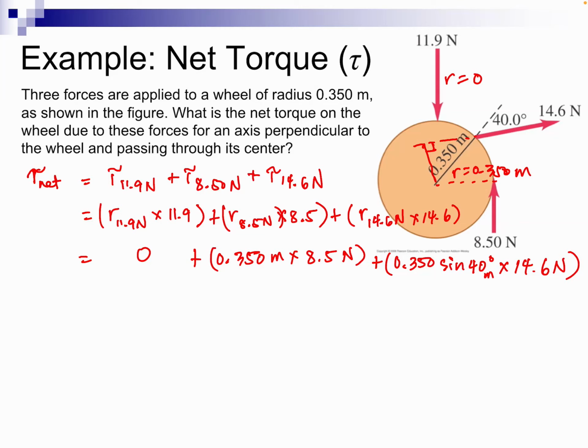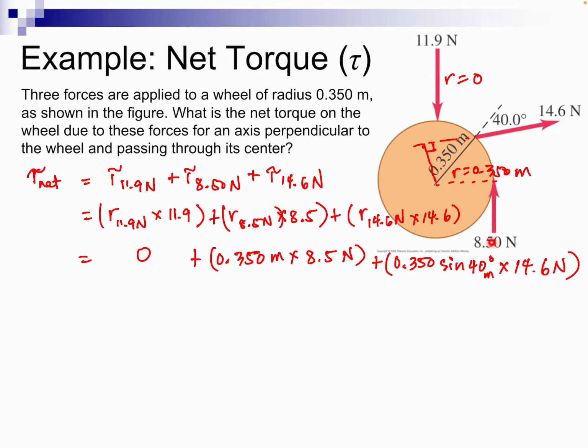So net torque is like this, but then you also need to consider the signs of the torque. For the first one, you don't have to worry because the torque contributed by this is 0. For the two forces here, which force will give you a negative torque and which a positive torque? Let's look at the 8.5 Newton force.